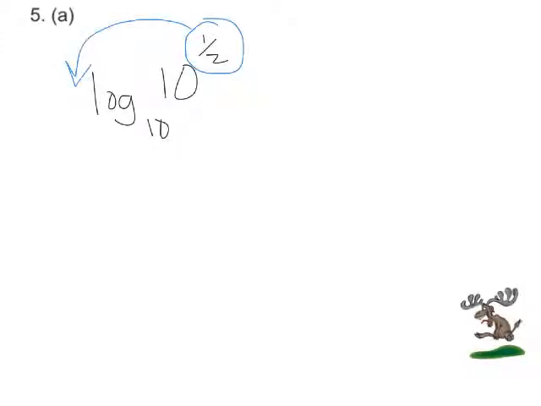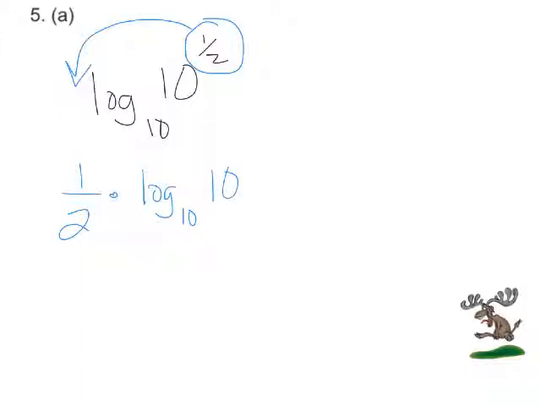Alright, problem 5 is the last of the logarithm problems, and what we have here is log base 10 of 10 to the 1/2. And this is actually a pretty simple problem. The 1/2, just like logarithm rules have shown us, can move down in front, and we have 1/2 times log base 10 of 10.